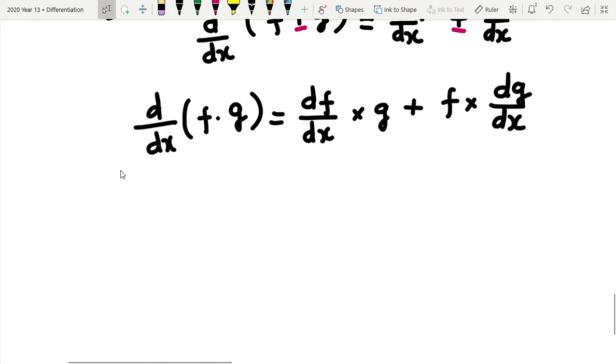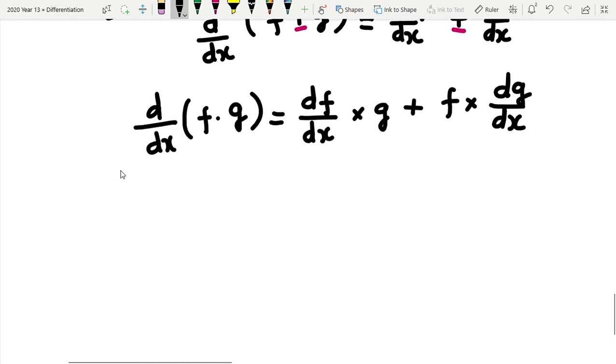Well, it can make sense. So f dash g plus f g dash, that kind of thing. And the quotient rule, well, we try not to use the quotient rule for this. You can always make it like a product rule like this.